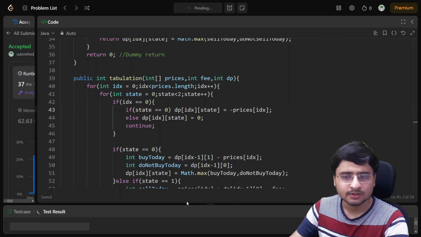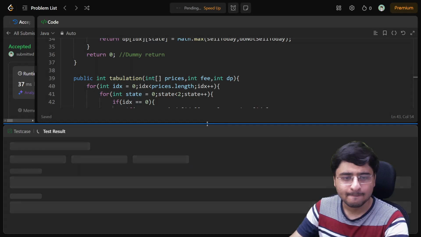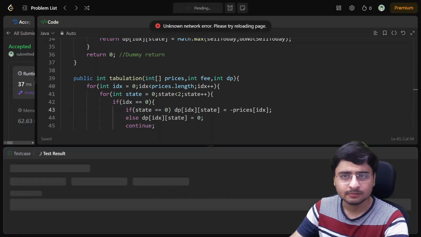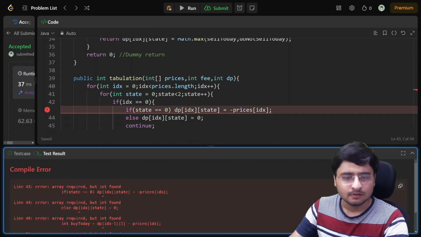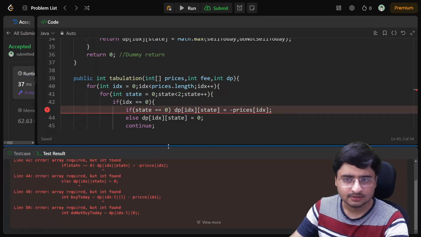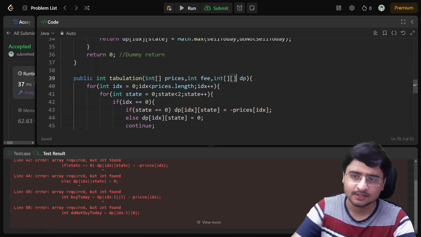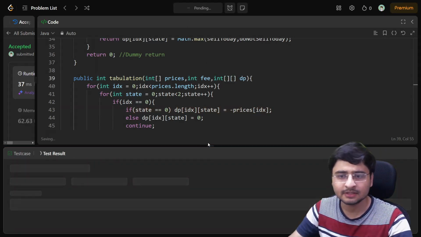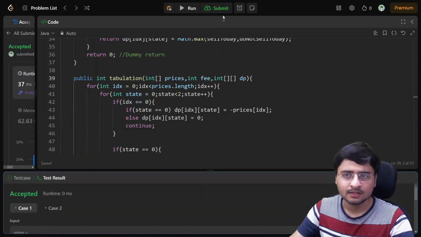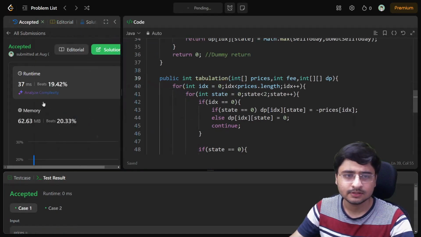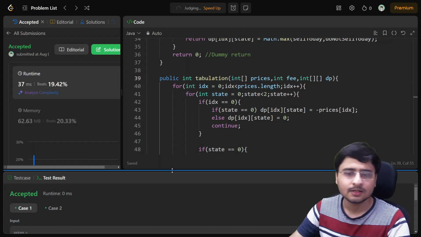All right, let's try to run this again. Let's see. Okay, I think yeah, here I made a mistake. I didn't give the parameters for DP. This should be resolved. Accepted. Let's submit this and see what it comes out to be.